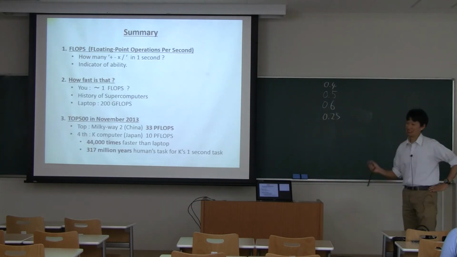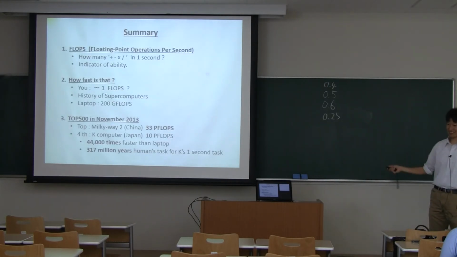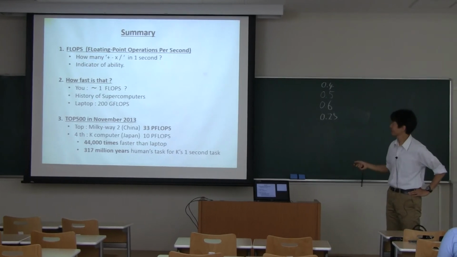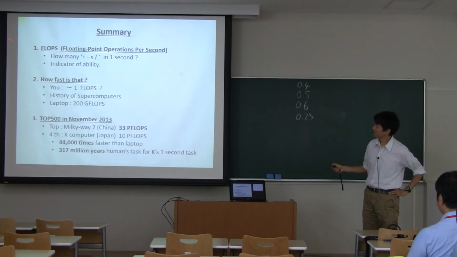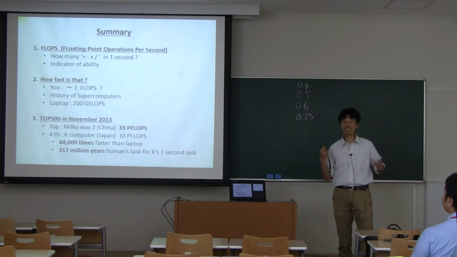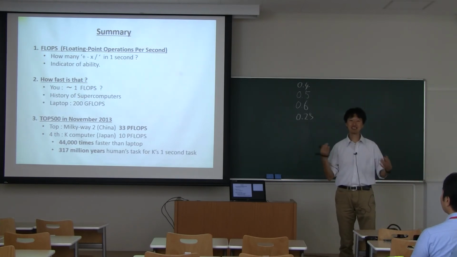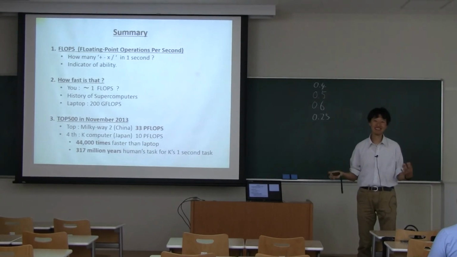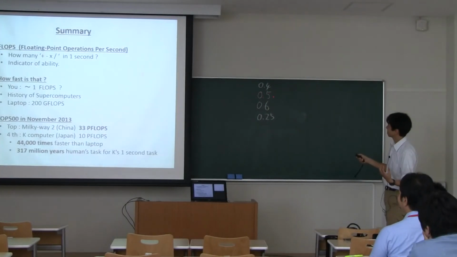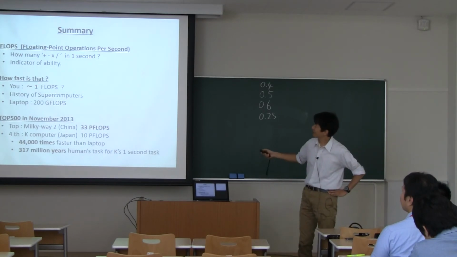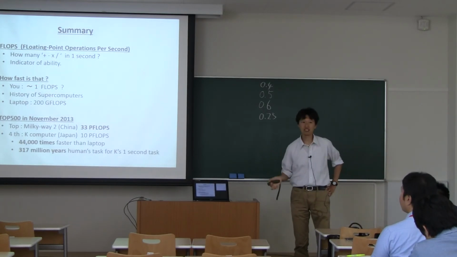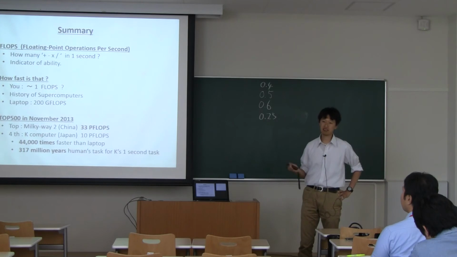I have now come to the end of my lecture. I'd like to summarize the lecture. First, I talked about flops, and we checked our computational ability. It was about 576. And this value is used as the indicator of supercomputer ability.